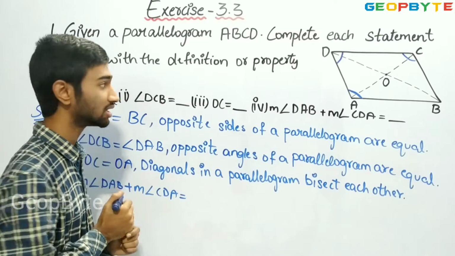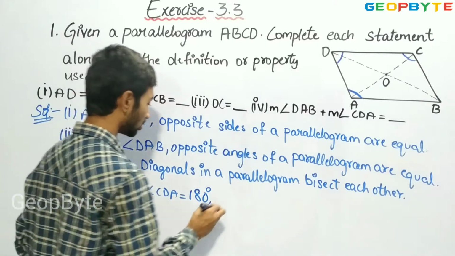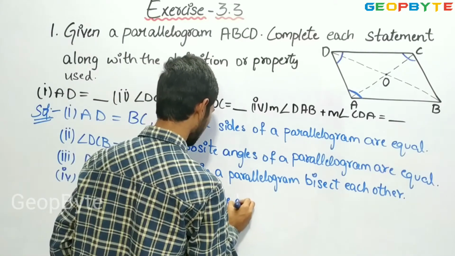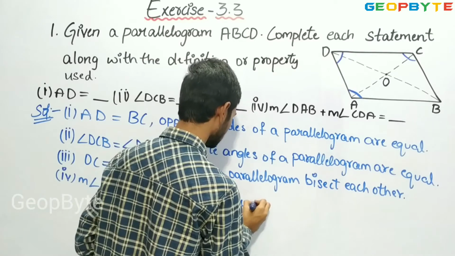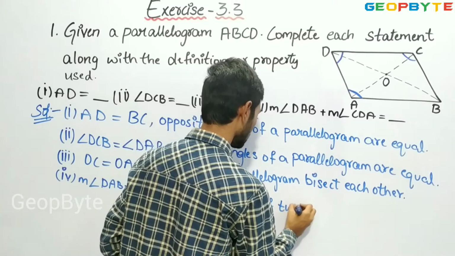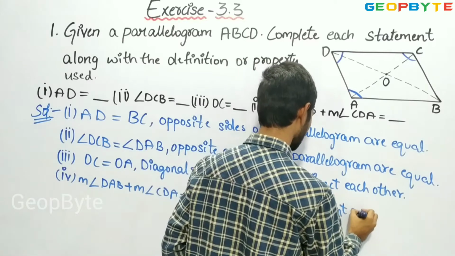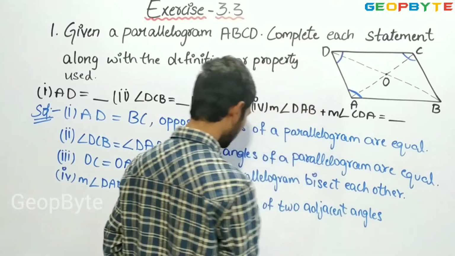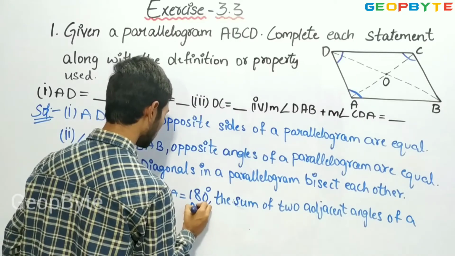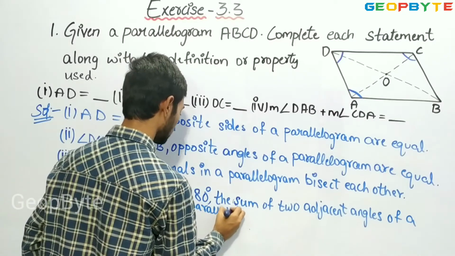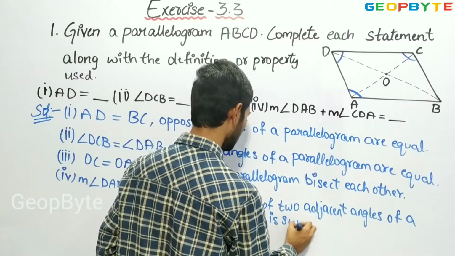Supplementary angle means 180 degrees. So, it will be equal to 180 degrees, because the sum of two adjacent angles of a parallelogram is supplementary.